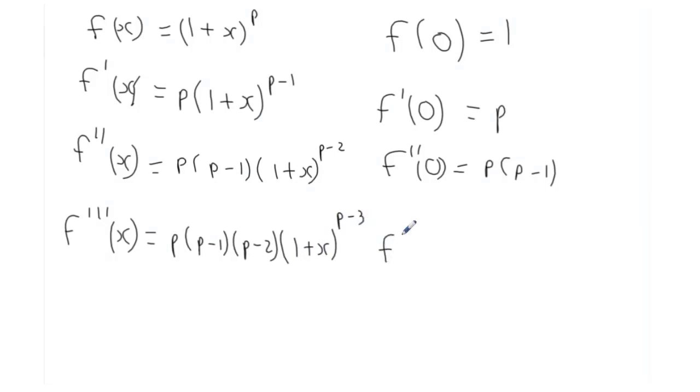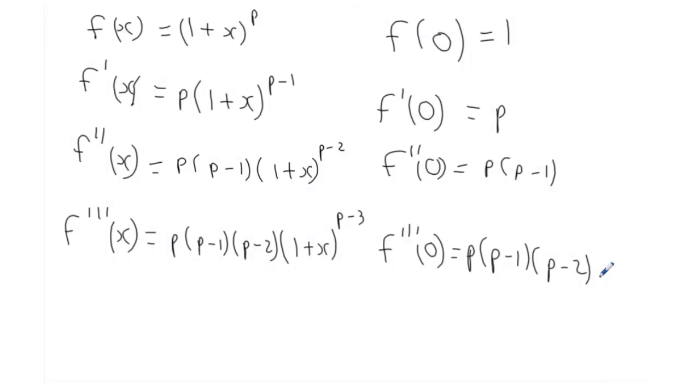And so f triple dash of 0 is going to be p times (p minus 1) times (p minus 2). Okay, so now looking at what's going on, we've done the third derivative without having to actually do the chain rule differentiation. So that should be enough to do a bit of pattern spotting.